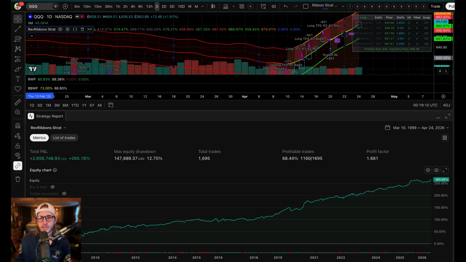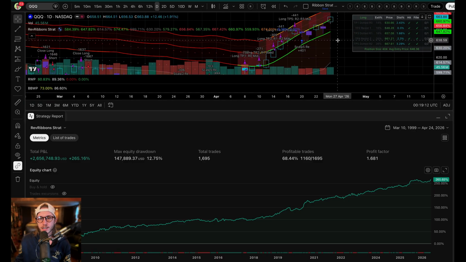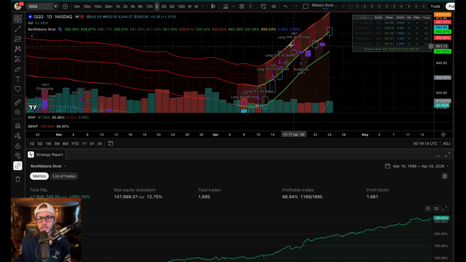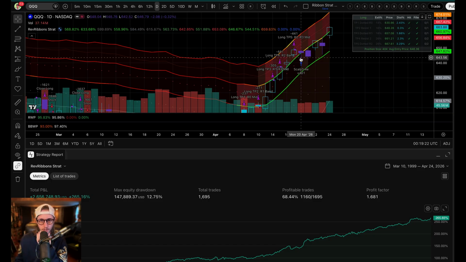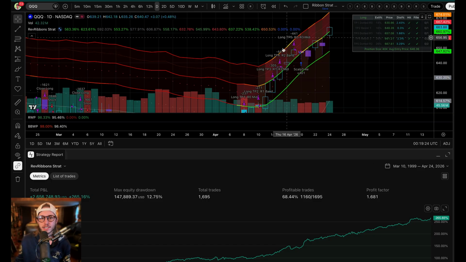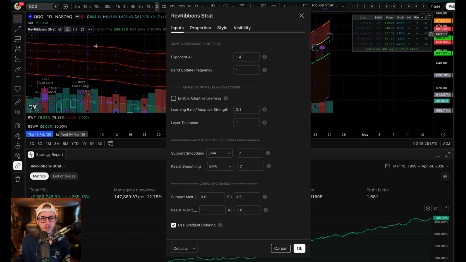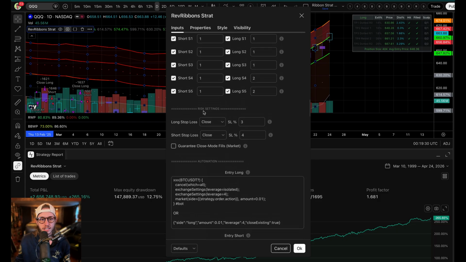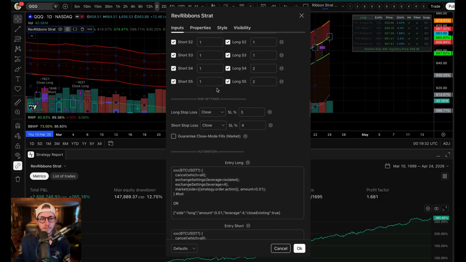You can see right here recently on the history, we did get a nice scalp re-entry here, and whenever it hits this dotted 2 band up here, we'll take a profit again. So yeah, there was a lot of price action going on within those bands, and so it was very helpful to have those scalps on the QQQ strategy at least.